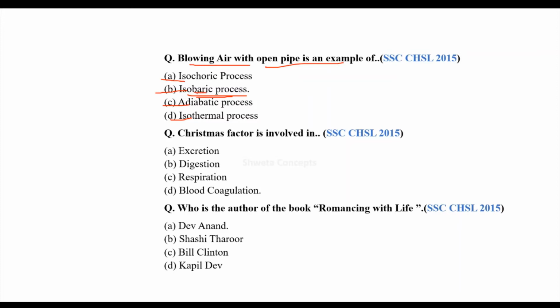Baric means pressure, the same pressure. Now next question, Christmas factor is involved in excretion, digestion, respiration or blood coagulation. This factor is responsible for option D, blood coagulation. It is involved in blood coagulation. Now next question, who is the author of the book Romancing with Life? The correct answer is Devanand.